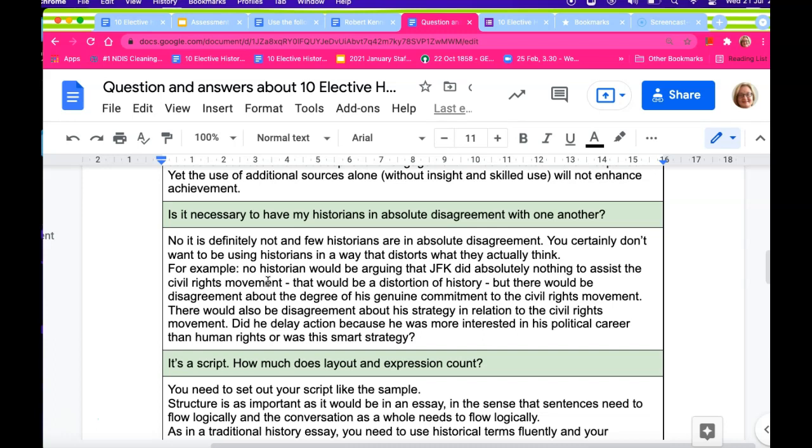That would be a distortion of history. But there would be disagreement about the degree of his genuine commitment to the civil rights movement. There would also be disagreement about his strategy in relation to civil rights. Did he delay action because he was more interested in his political career than human rights? Or was this smart strategy so he could get elected into a second term and then achieve much more for civil rights than he could in the first term?